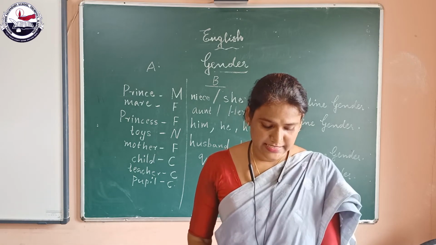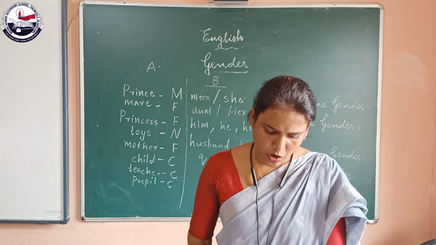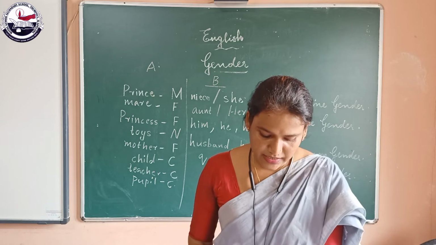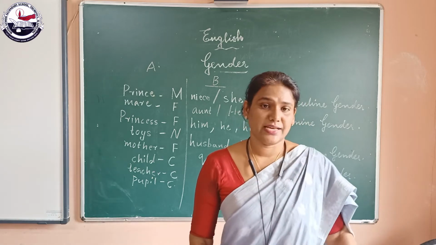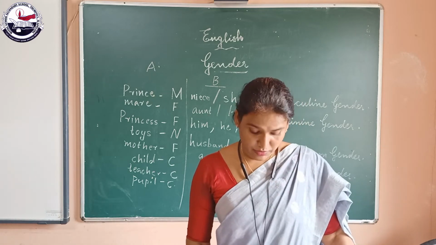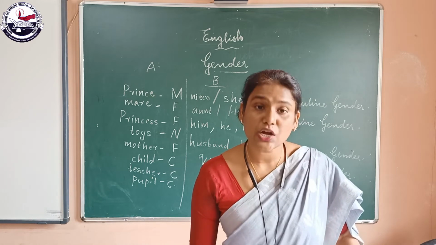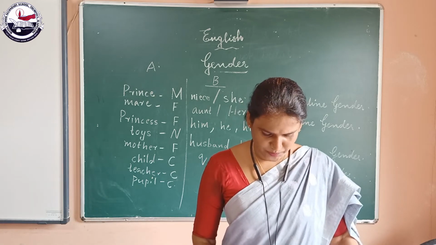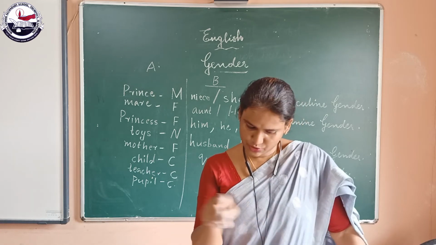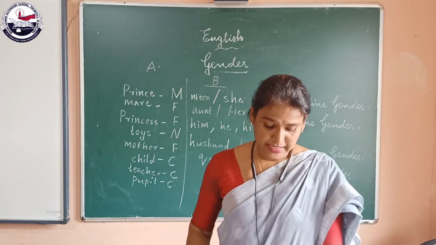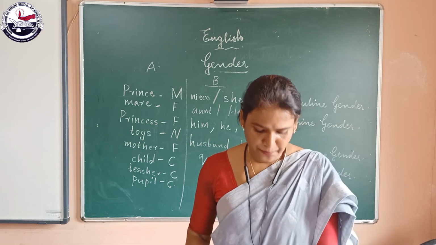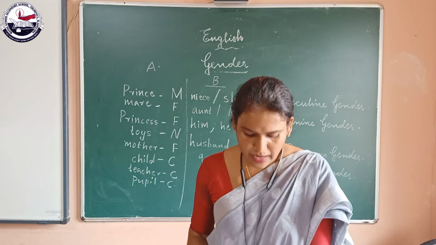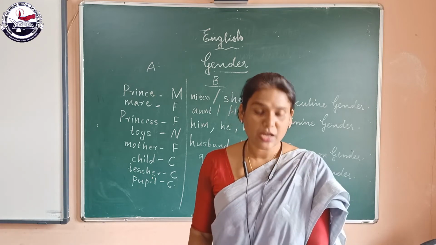Okay. So next, exercise C. Underline the common gender and circle the neuter gender in each list. You can do it as homework. It's very easy, no? So the first question I'll read. Choice, table, line, cousin, king, pen. First one, choice.